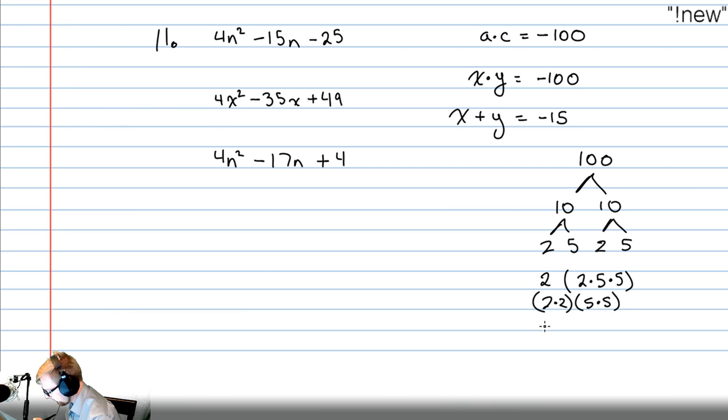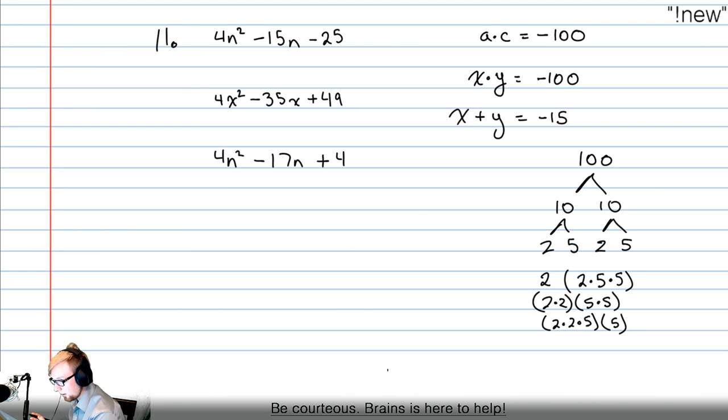Another one: 2 times 2 times 5 inside the parentheses, and then 5. Are there any other combinations? I'm not seeing any.